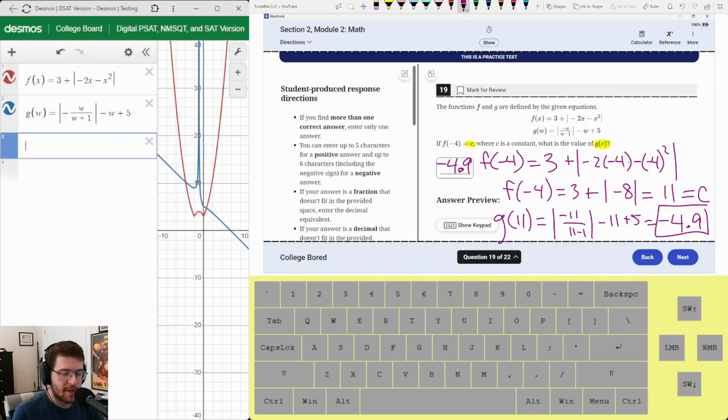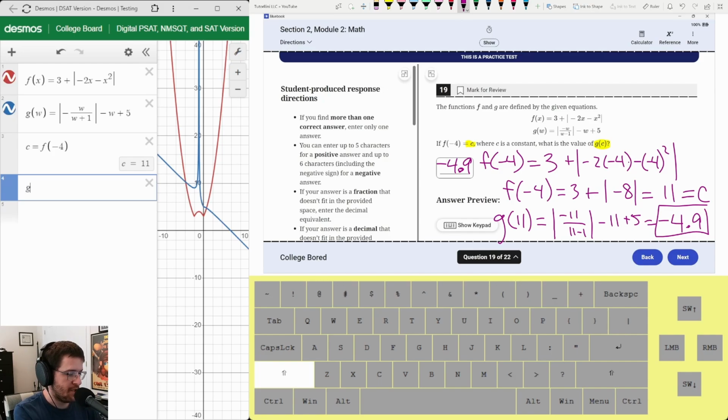Okay, I typed in the equations. The graphs don't really matter. Just typed them in verbatim. Desmos just put that negative sign out in front. Again, that also doesn't really matter. I'm going to rewrite that first statement just kind of backwards to define the constant. So C equals f of negative 4. I get 11.